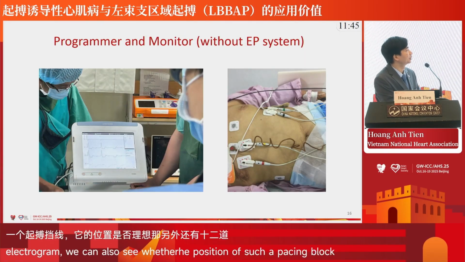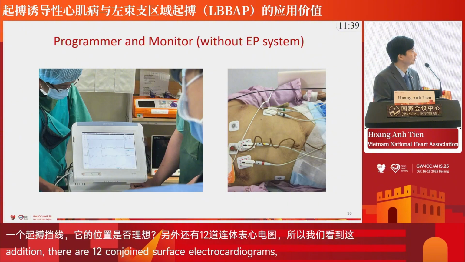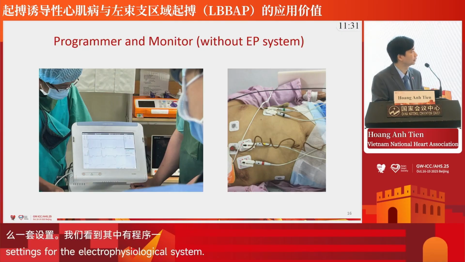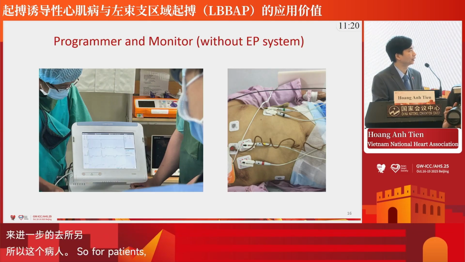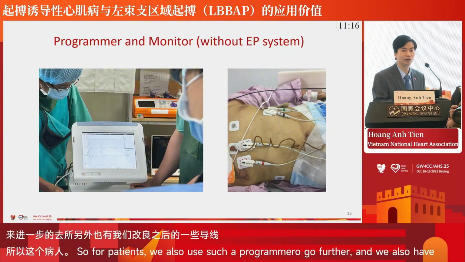Here the system doesn't have the electrophysiology system. Here is the programmer. If every branch had the programmer, so for this patient we used the programmer inside the procedure, and the modified lead, where we especially concentrate on the V1 lead.